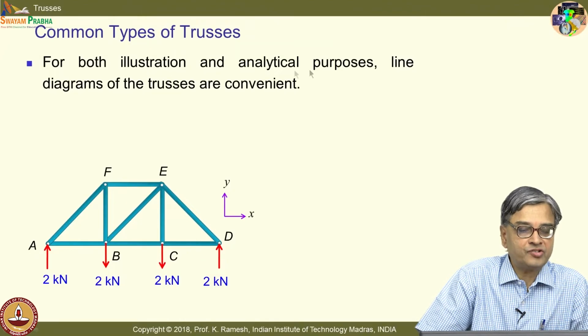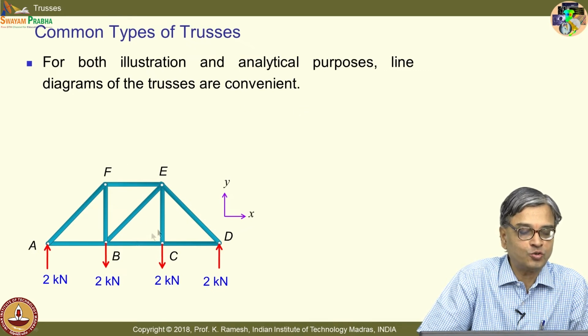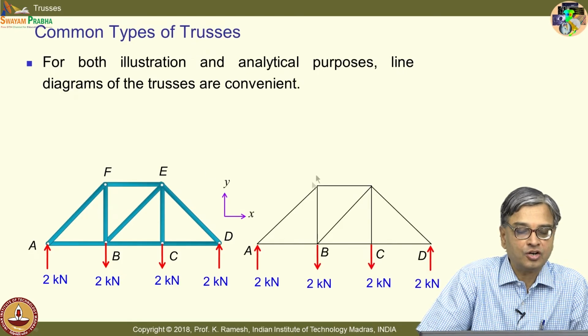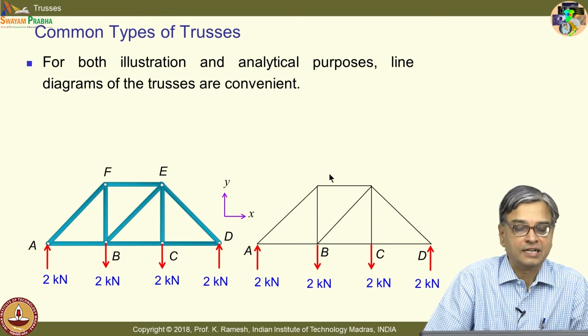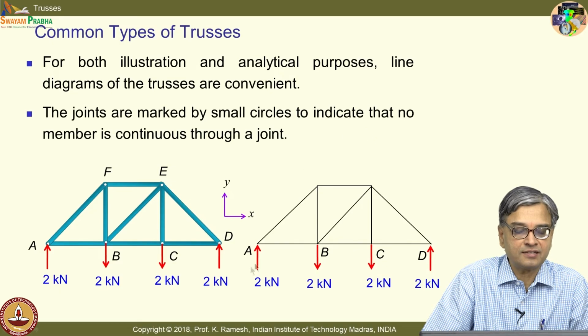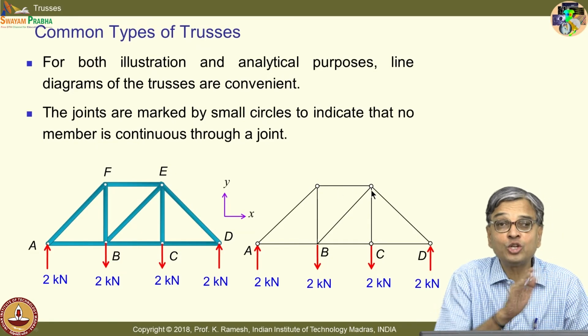For both illustration and analytical purposes, line diagrams of the trusses are convenient. I have the luxury to show the trusses like this, but I would recommend you just draw it as a line sketch with one important modification. I would like you to put circles on all these joints to indicate no member is continuous through the joint.